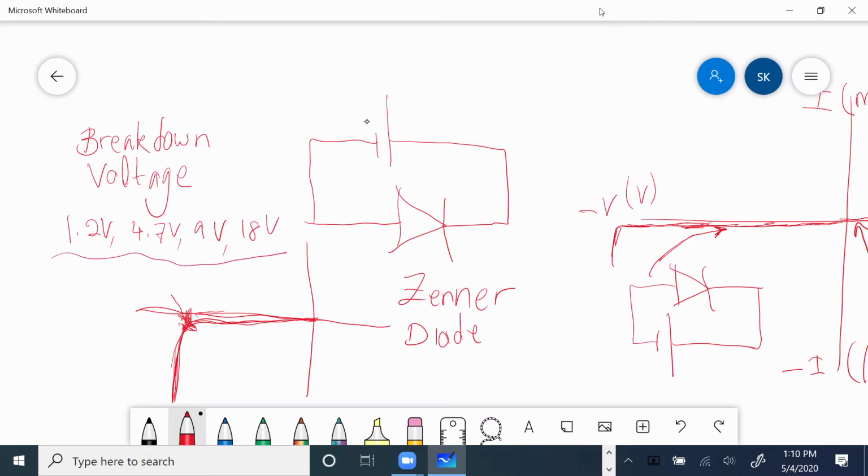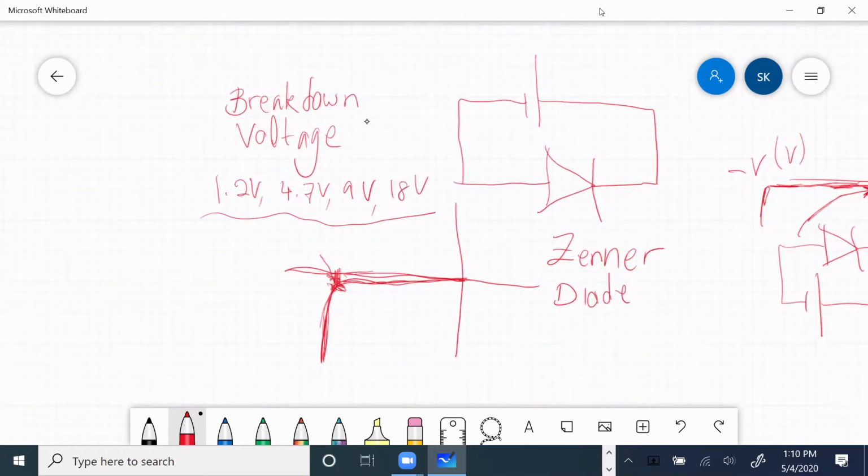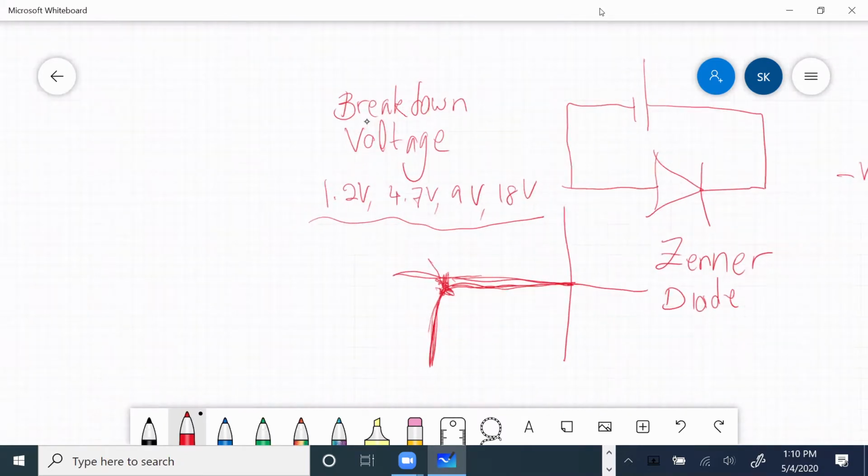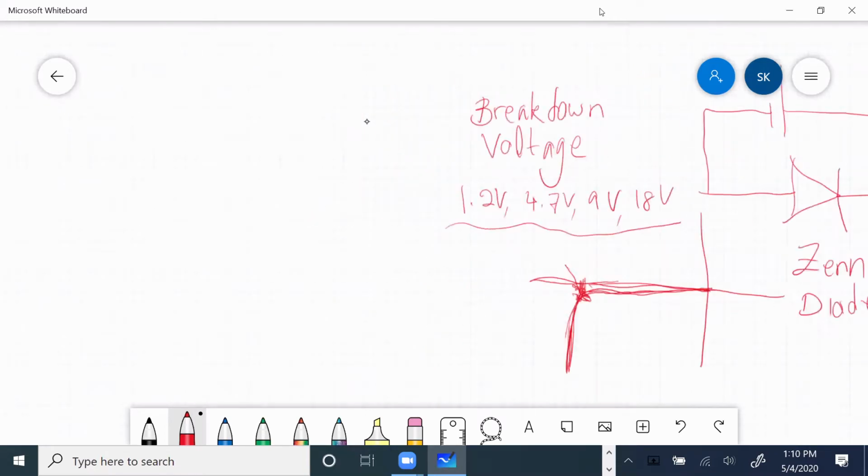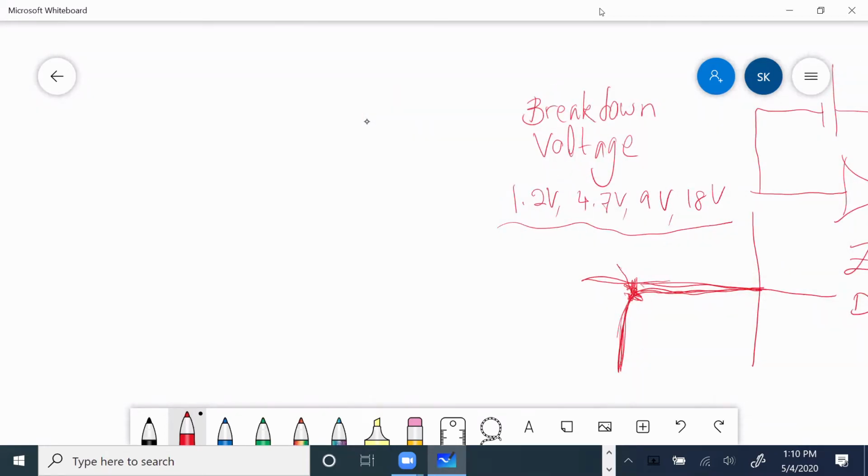We can buy Zener diodes at all kinds of voltages that are available in the market. Right? So how do we use these diodes in a circuit, which we will go into in a minute. We will continue that. But then before I go, so a diode.